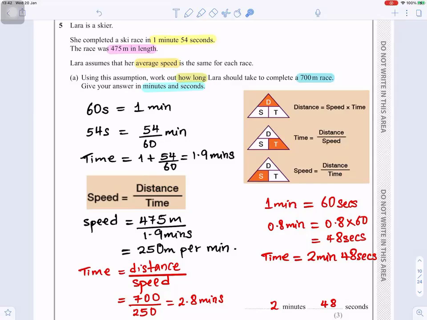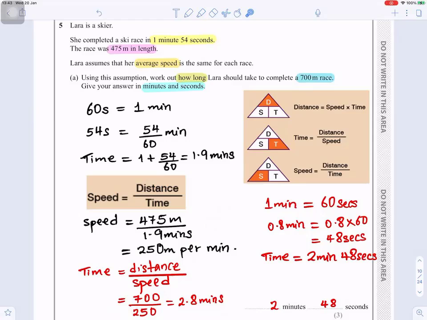Now, time is distance divided by speed. You can use the triangle: cover T and it's D divided by S. We know the distance for the race is 700 meters, and the speed we calculated is 250. So it is 700 divided by 250, that gives you 2.8 minutes.